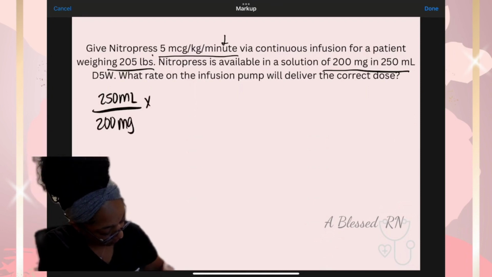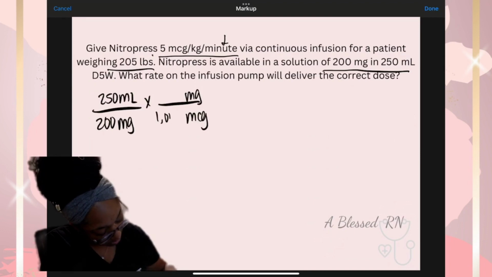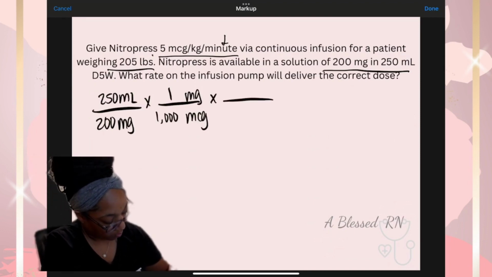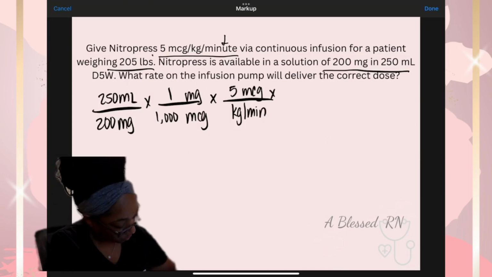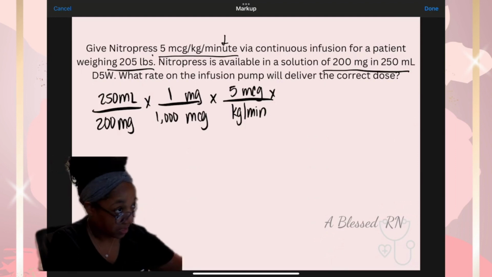We need to do a conversion because our prescription is in micrograms. So you got your milligrams on top and your micrograms on the bottom. 1,000 micrograms is 1 milligram. We're going to go to our order now. So 5 mics over kgs per minute. And then we're going to go to your conversion factor for your weight.